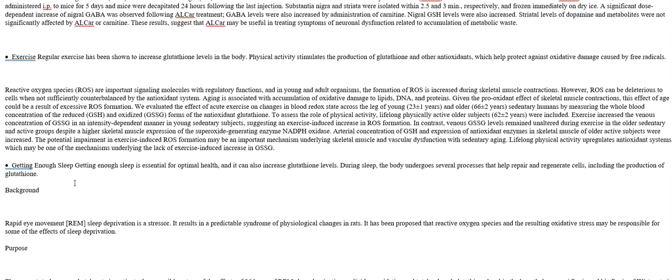We evaluated the effect of acute exercise on changes in blood redox state across the leg of young sedentary humans of 23 plus or minus 1 years and older of 66 plus or minus 2 years, by measuring the whole blood concentrations of reduced and oxidized glutathione forms, to assess the role of physical activity.